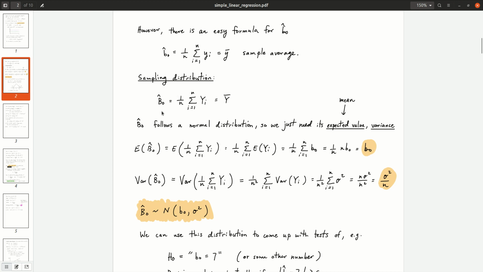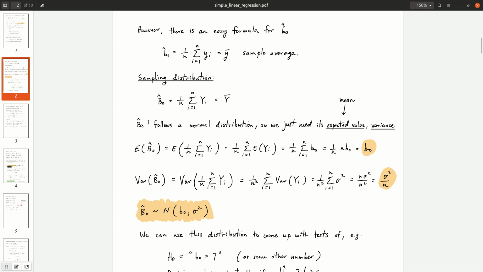Now this big B0 hat is our estimator. And this is the same formula as the estimate, but wherever we see data, we're going to plug in our model for the data, which is the random variable Yi. So I'm going to define this average of random variables as capital Y bar.